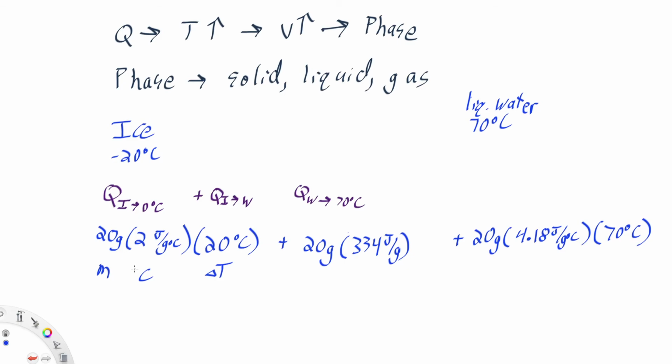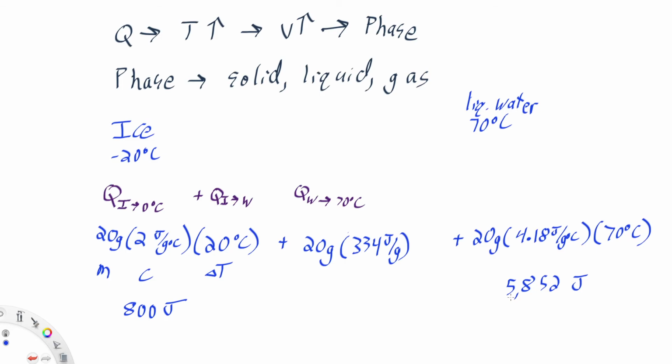So to heat up the negative 20 degree ice up to 0 degrees takes 800 joules of energy. To heat the 0 degree liquid water up to 70 degrees takes 5,852 joules of energy.